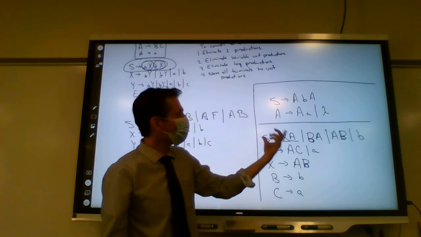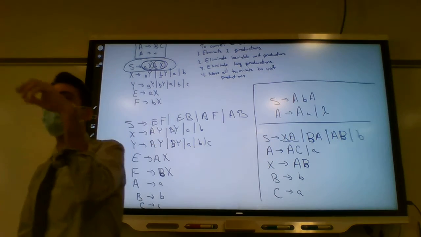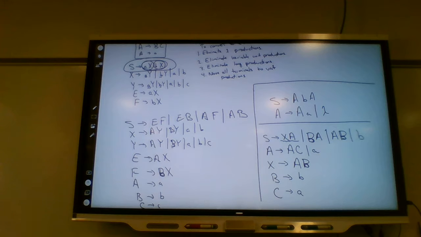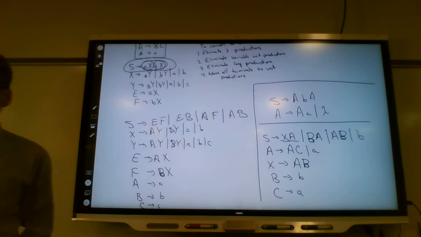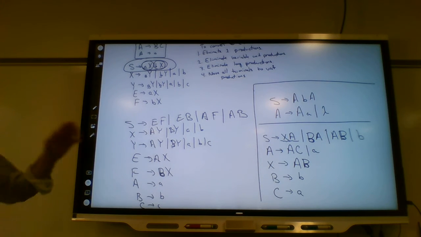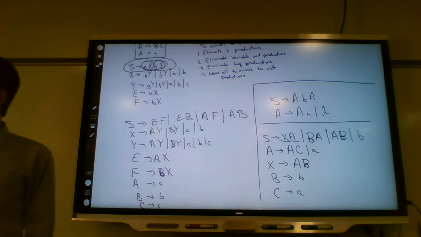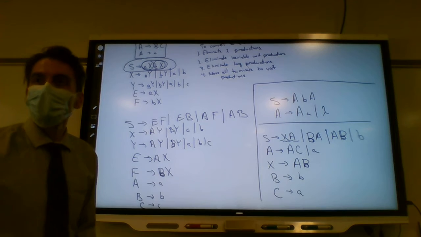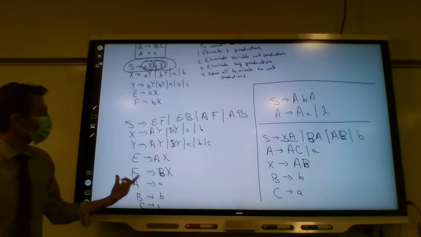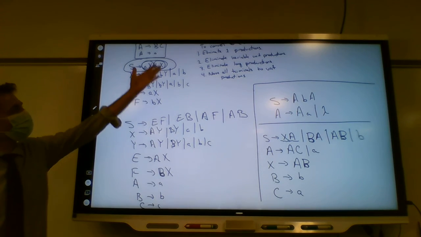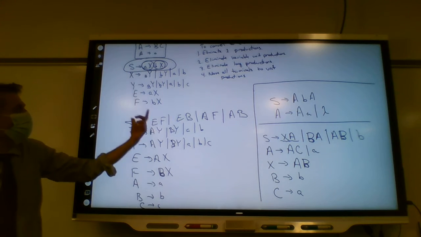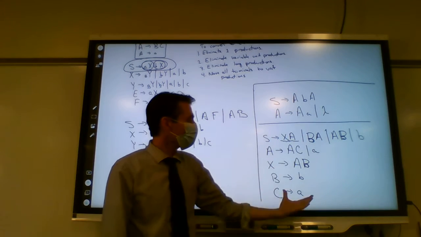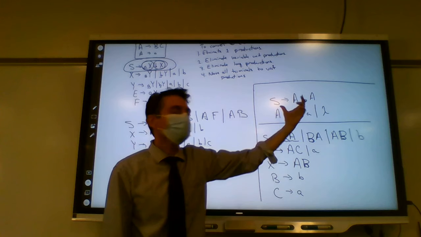But again, the nice part about that much longer grammar is that now all derivation trees are binary trees, and we're going to use that in the next step. Does that make sense? So this grammar was created by going through those 4 steps. This grammar, again, in Chomsky normal form, created from here.